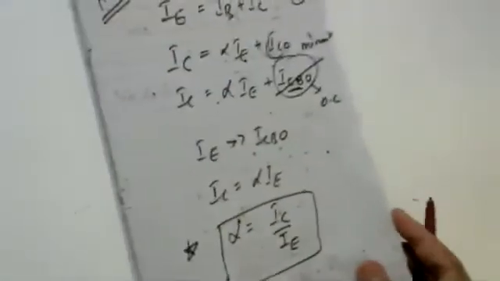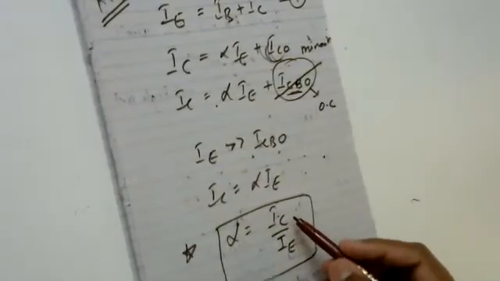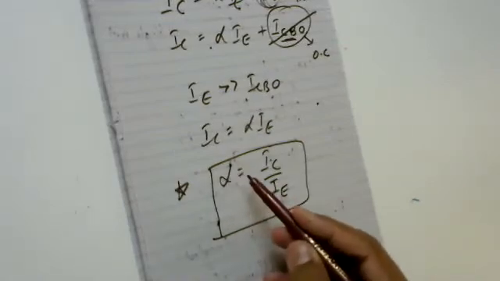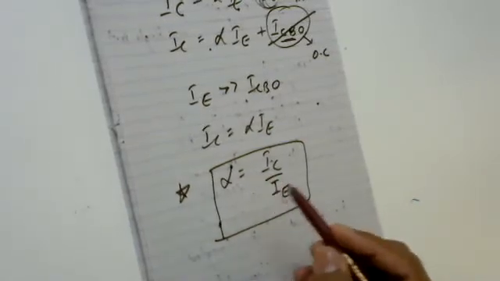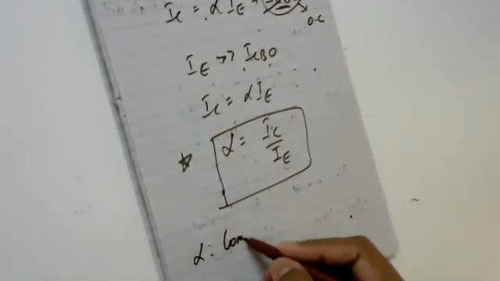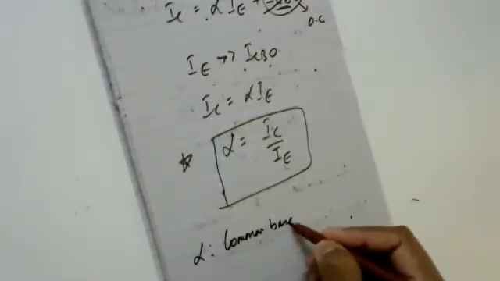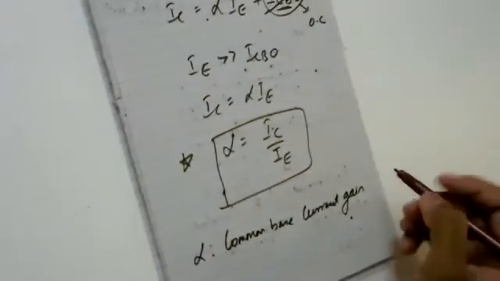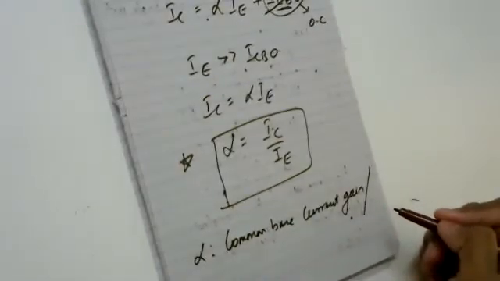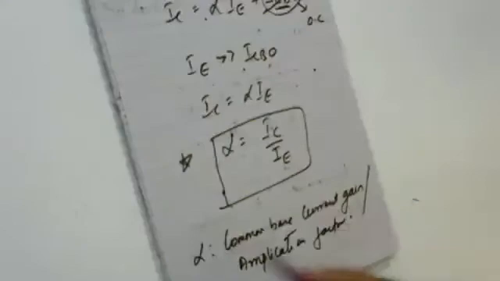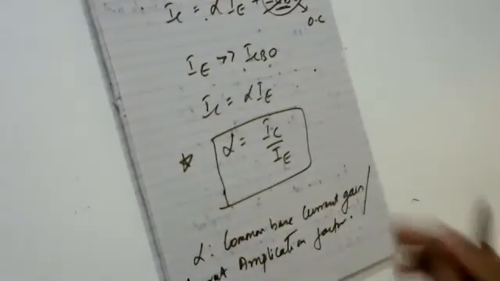IC is the collector current, IE is the emitter current, and alpha is the common base current gain, which is also called the amplification factor. To be more specific, current amplification factor.